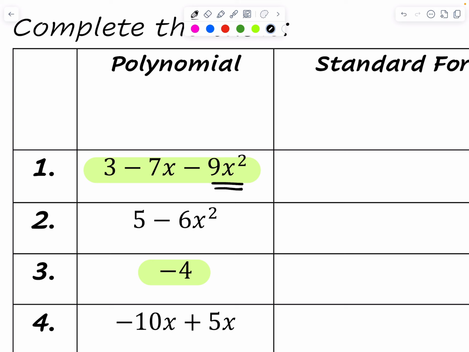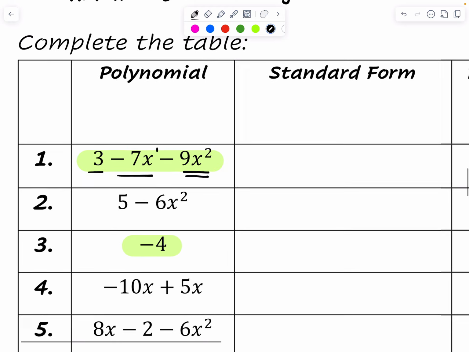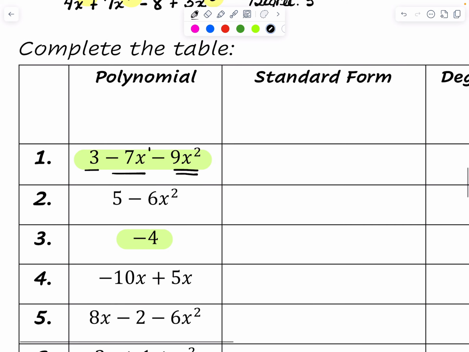Then I have negative 7x, which has x to the first power. And then I have a constant term, positive 3. So if I want to write this in standard form, I'm going to pick the one with the highest exponent first. So that's negative 9x squared. Then the one with the next highest exponent, which is negative 7x. And then the constant term goes last, positive 3.